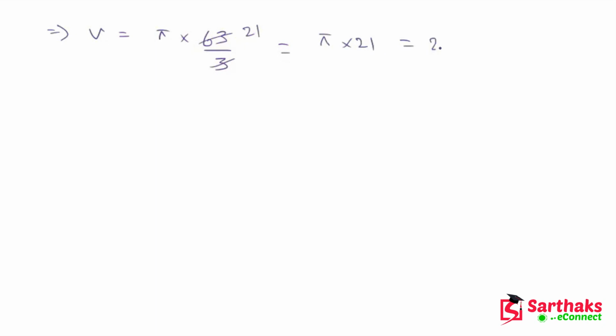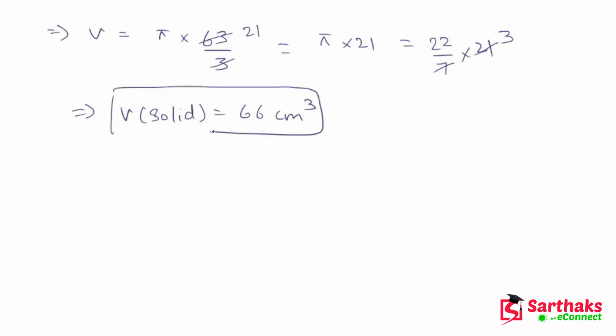So what is the value of pi? 22 upon 7, and this is 21. This will be cancelled 3 times, so we get the volume of the solid as 66 centimeter cube. So this is our final answer. I hope you understand these things.